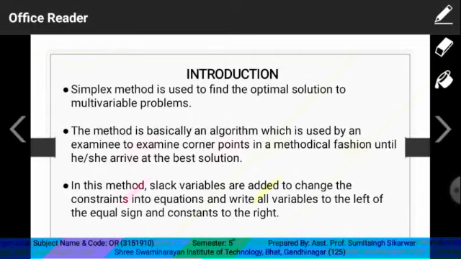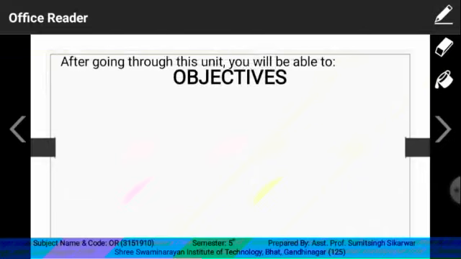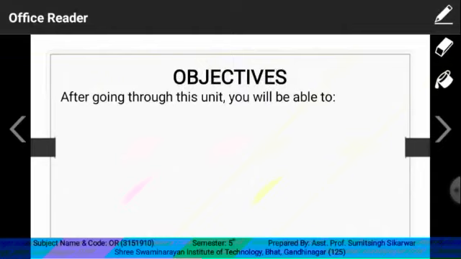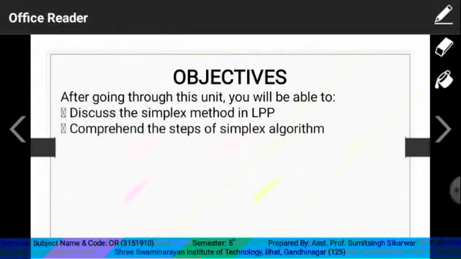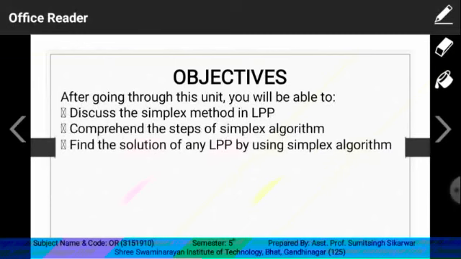Now let us switch to the objectives of this unit. After going through this unit, you will be able to discuss the simplex method in LPP, will comprehend the steps of the simplex algorithm, and will find a solution of any LPP by using the simplex algorithm.